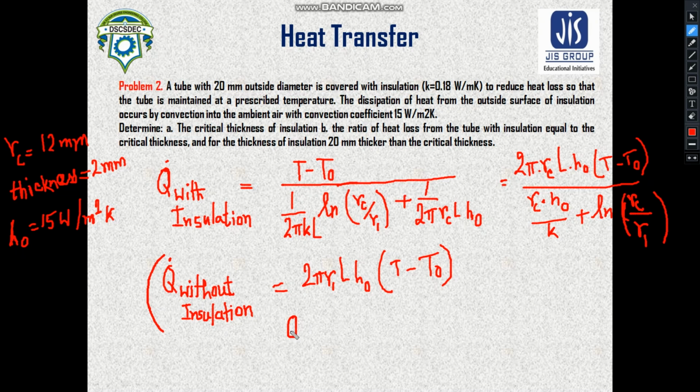Now if we do a simple calculation, then it would be Q with by Q without. So the result would be simply given as RC by R1 into this part here.